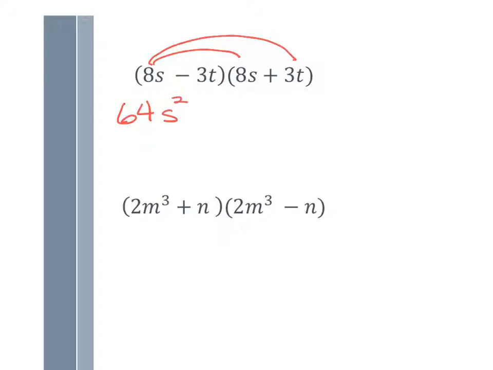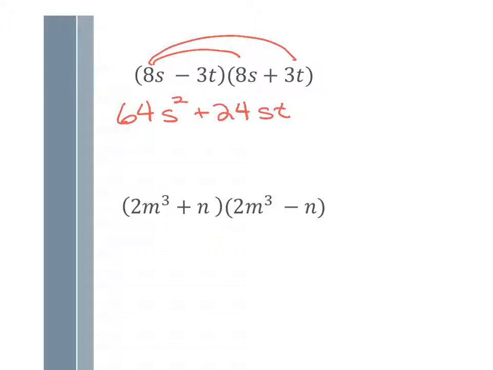And again, be careful with the s's. Make sure you're writing nice and neatly so you don't think it's a 5. And then 8s times 3t, I get 24st. Now, whenever I'm multiplying 2 letters, I like to write my letters in alphabetical order, ABC order. That way, it's easy for me to see like terms.